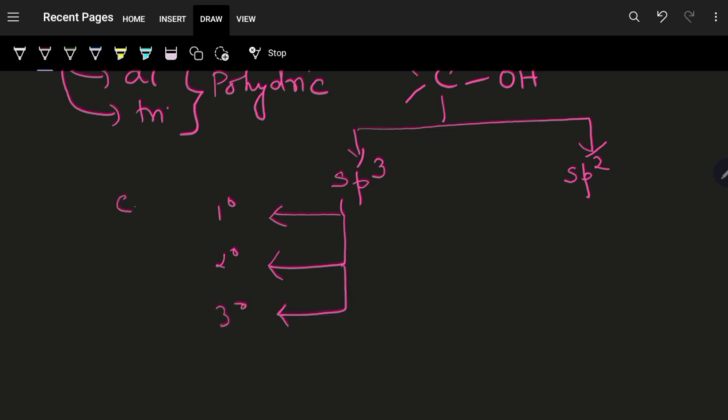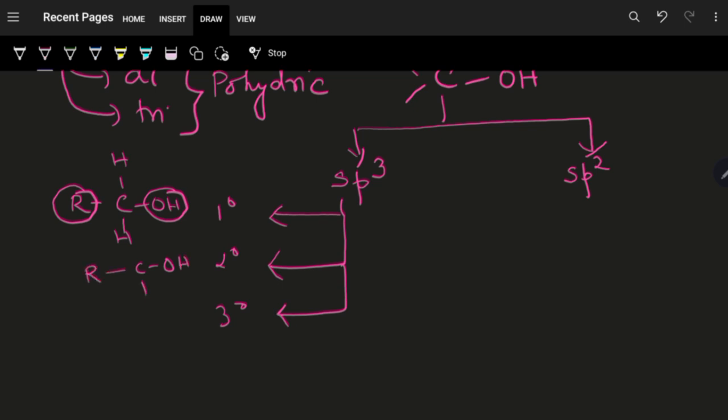So carbon atom having OH is directly attached to one more carbon. So this carbon can be of course one alkyl group. So I'll write one R here. That's why I have replaced that carbon. So valency of carbon is 4. So left over 2. So the carbon atom having OH is directly attached with one carbon, it is 1 degree. Directly attached with 2 carbon, then it is 2 degrees.